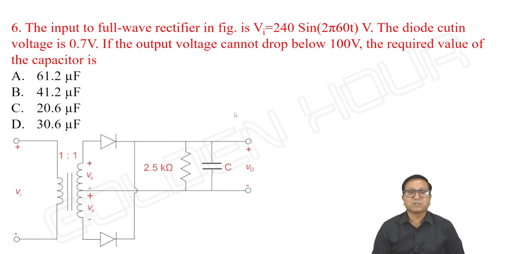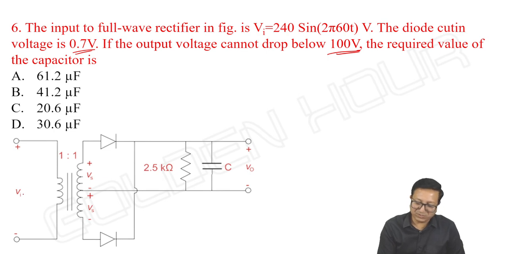The input to full wave rectifier in figure is 240 sin 2 pi into 60t volts. The diode cut-in voltage V gamma is equal to 0.7 volts. If the output voltage cannot drop below 100 volts, the required value of the capacitor is. Okay. So here V input means the primary voltage is having a peak amplitude of 240 volts.